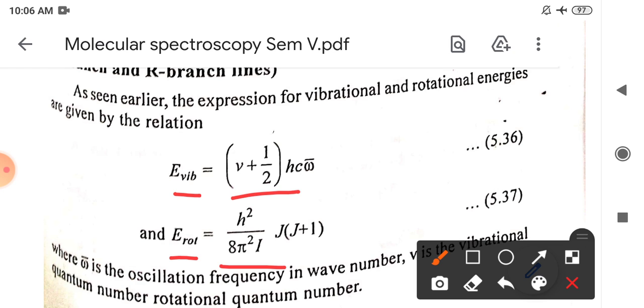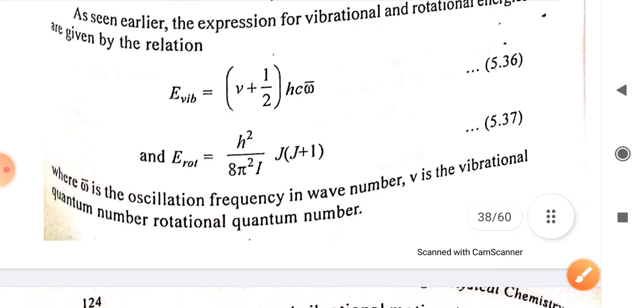These are energies, not wave numbers. Here V is the vibrational quantum number, h is Planck's constant, c is the speed of light, omega bar is the frequency of vibration in the given molecule, I is the moment of inertia for the rotational motion, and J is the rotational quantum number.